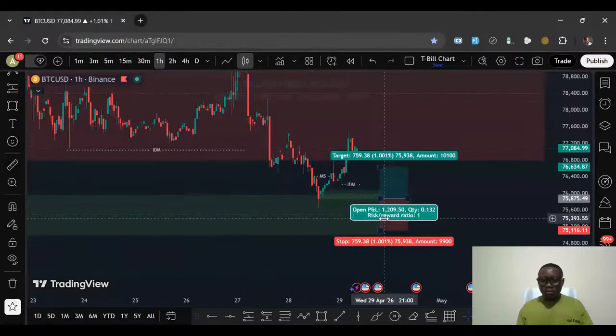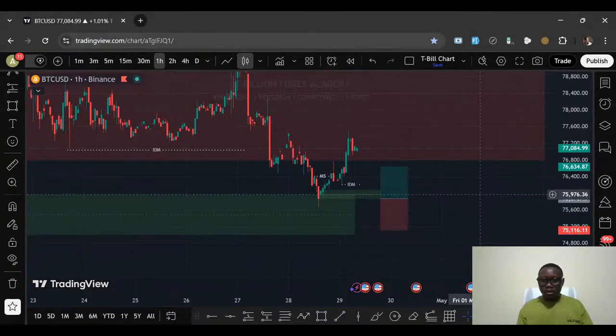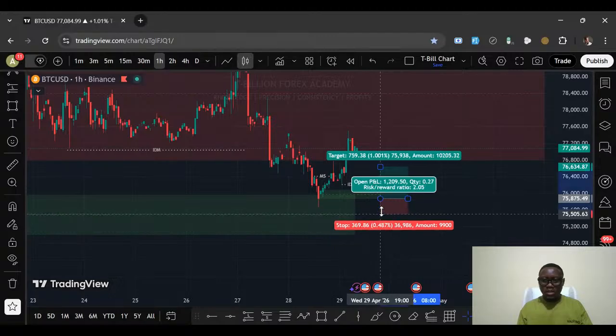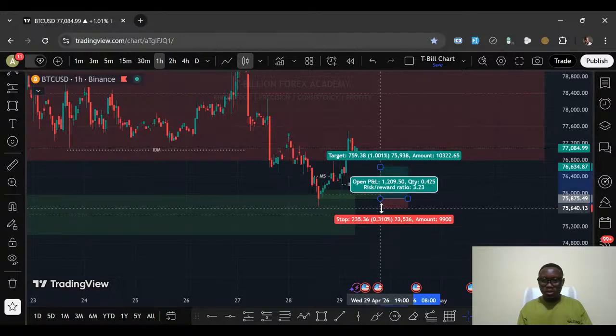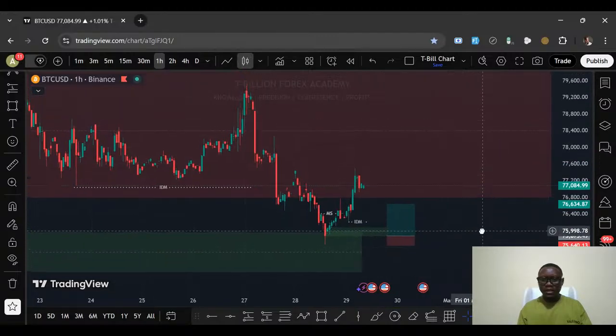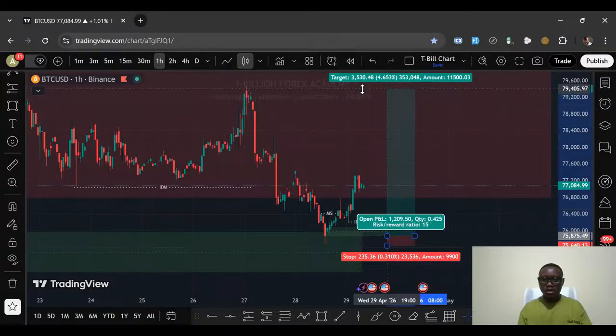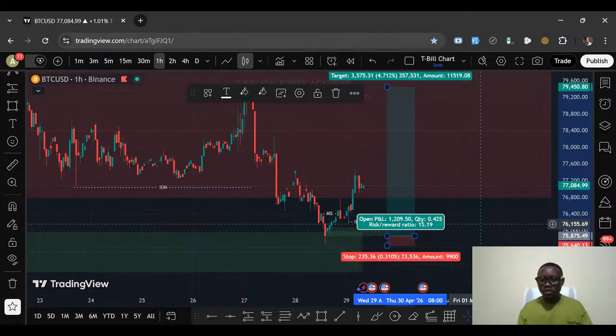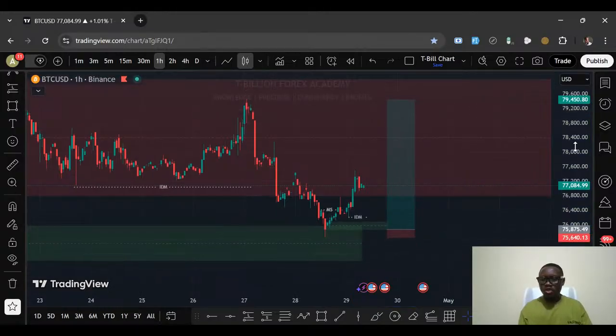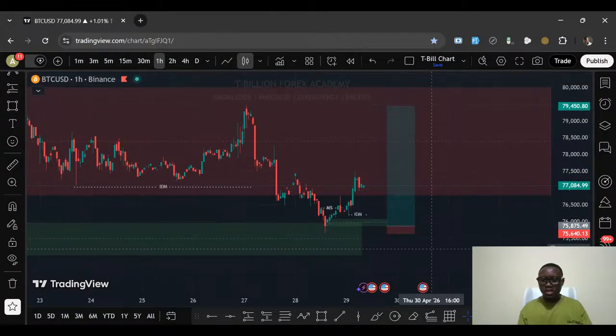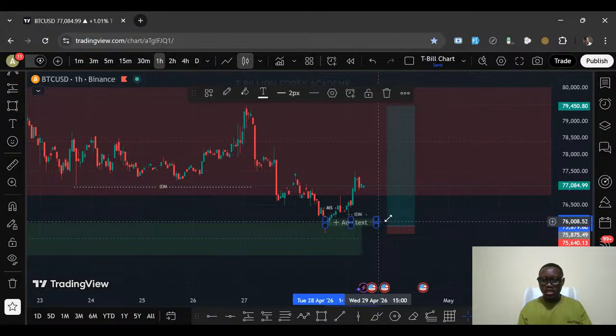Our SL will be right below this low, like so. And our TP, of course, we're targeting this high right here. So that's a 1 to 15.19 risk to reward ratio. Okay, so that is it on BTC USD.